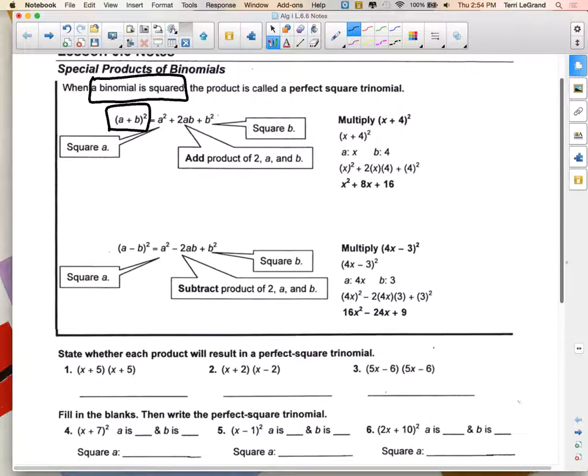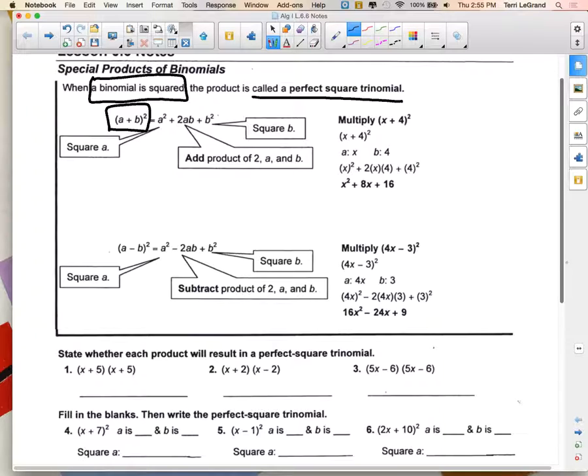When you have a binomial times itself, and in this case, we're talking about with addition between the two terms, we can say that it is called a perfect square trinomial. The product you get should be what we call a perfect square trinomial. It's a special product.